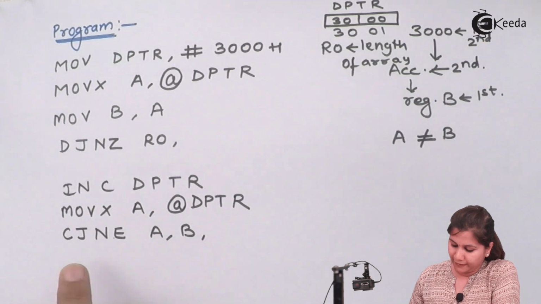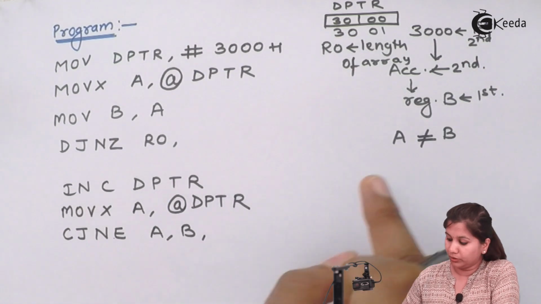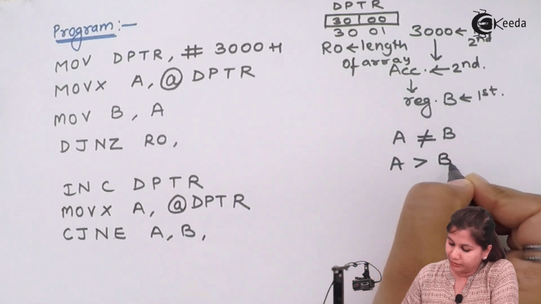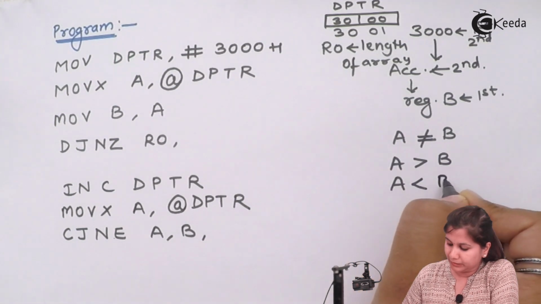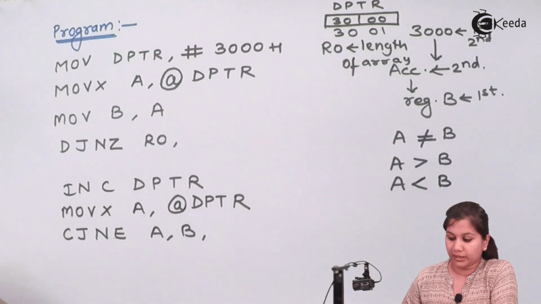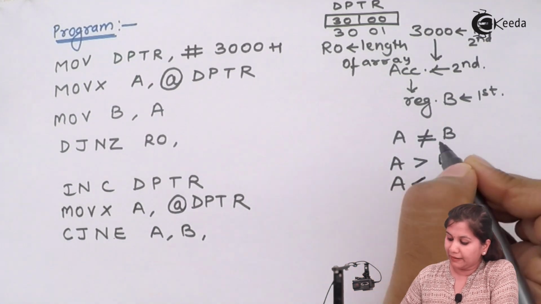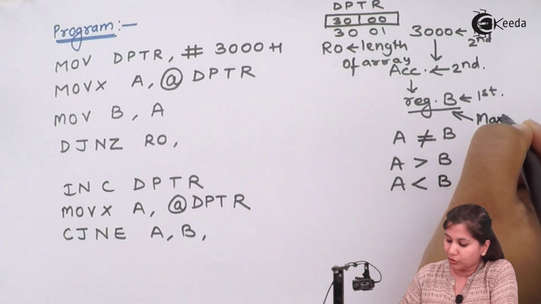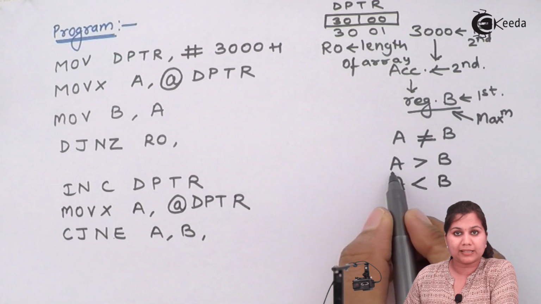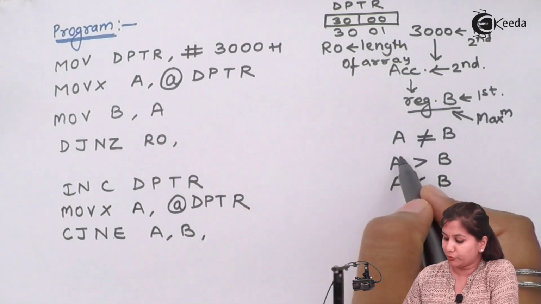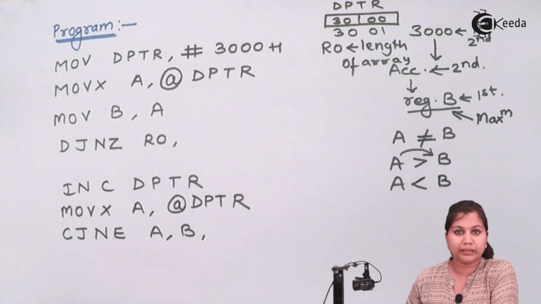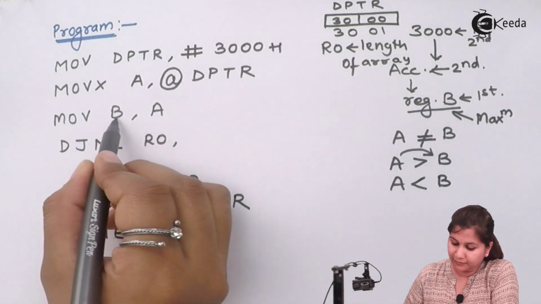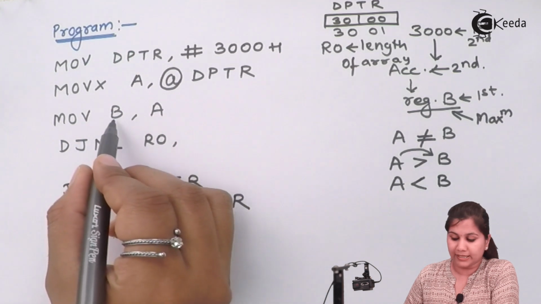When these two are not equal, two conditions can be there: whether A is greater than B or A is less than B. If A is greater than B, and we want register B to always hold our maximum number, then A is the maximum in the first condition, so we have to shift A into B. So shifting of A into B is done in this case.